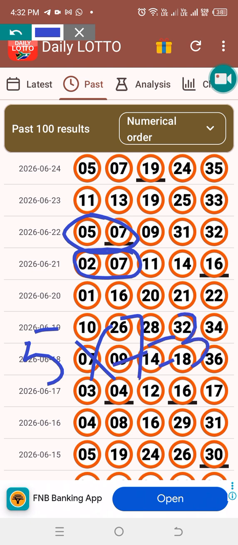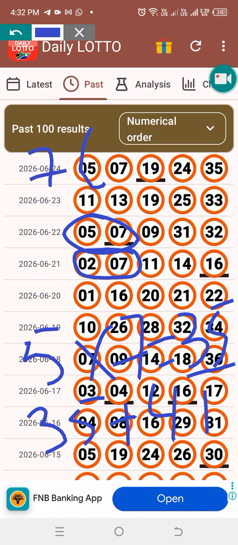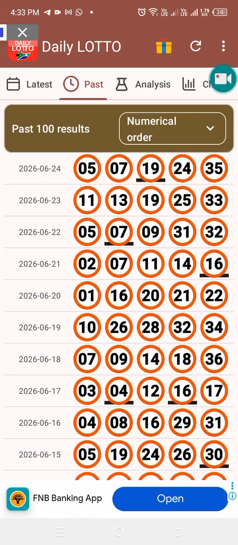Then you take this 35 plus 41. That is what we're going to do. Then it goes to 76. Then you say 76, 7 plus 6 is equal to 13. 35 also came, but let's move with this one.